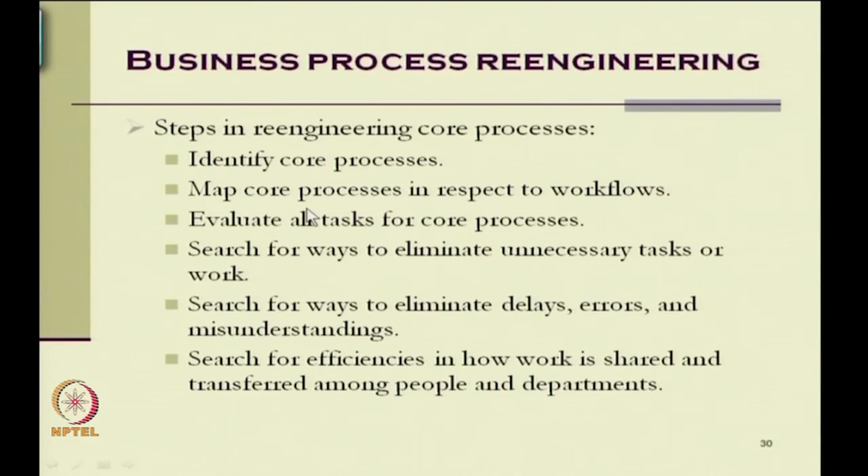processes, evaluating all tasks for core processes, search for ways to eliminate unnecessary tasks or work, search for ways to eliminate delays or errors and misunderstandings, search for efficiencies in how work is shared and transferred among people and departments.